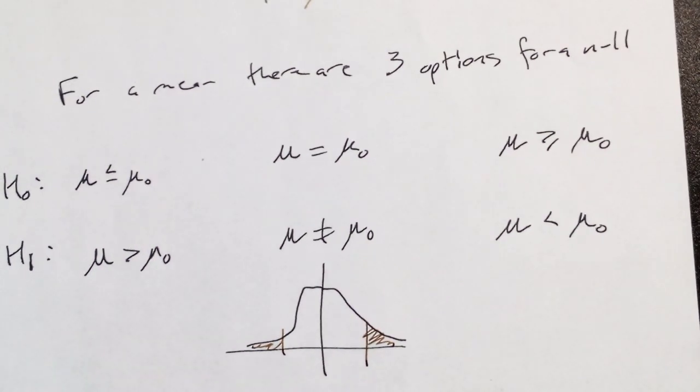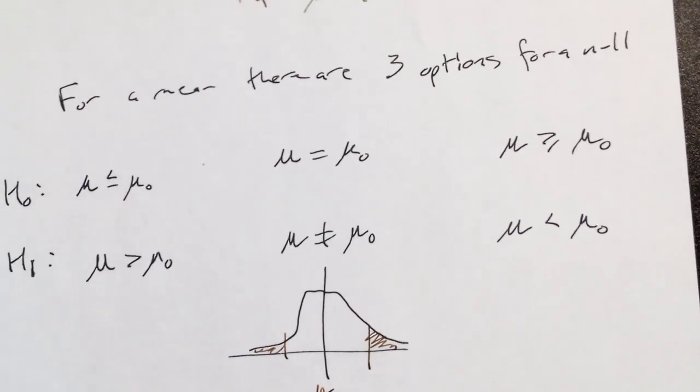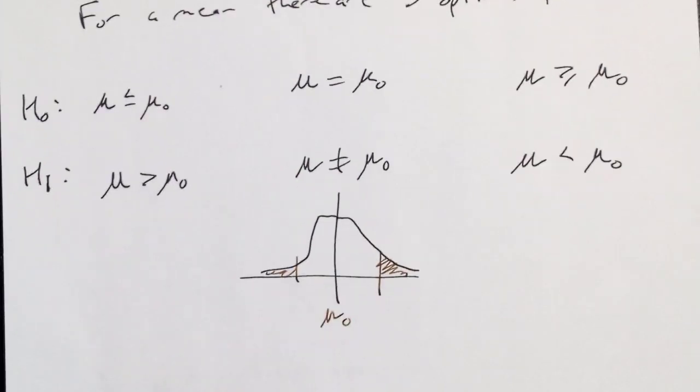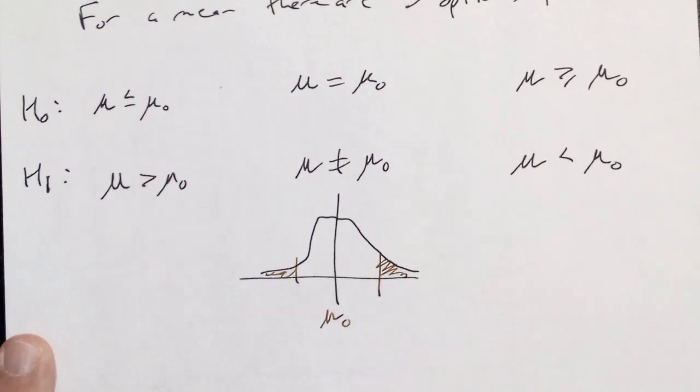If I'm way out there, away from my average that I thought it was going to be, mu 0, right there in the middle, I thought we were going to be there, but instead we're far away from that, then I should reject, shouldn't I?